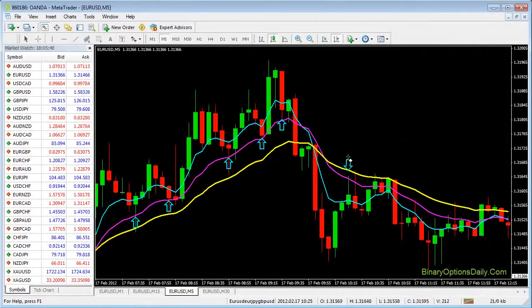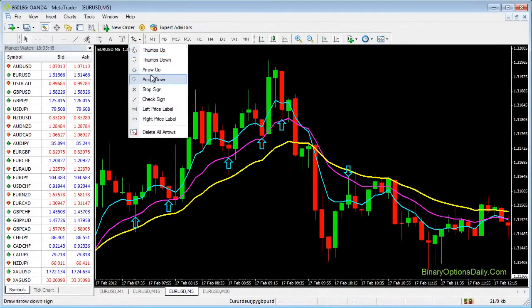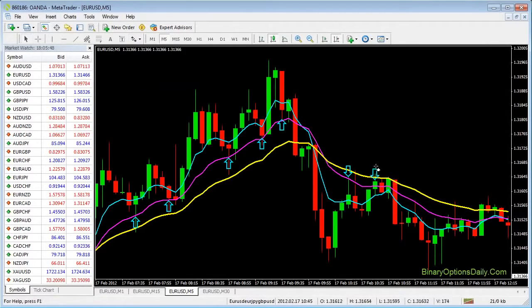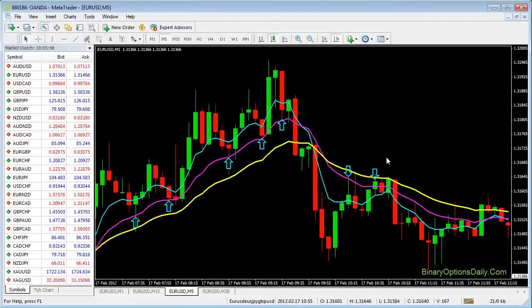So we would be looking for puts around that 14-period moving average, just as we were before. And if you can get in anywhere over there, that would be great. Anywhere closer to the 26 would be excellent as well. But as I said, the lines are going to move, so you just need to be aware of that.